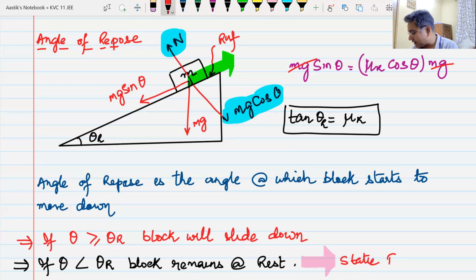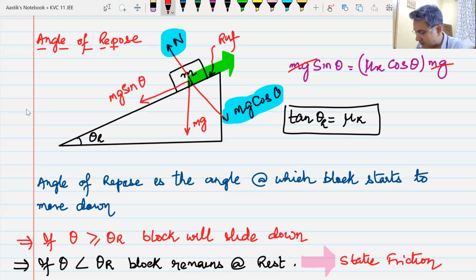And this is the grand entry of our new friend, static friction. Static friction comes into the picture now. Dun, dun, dun. And it's a very theatrical entry by static friction. It comes with the inclined plane.